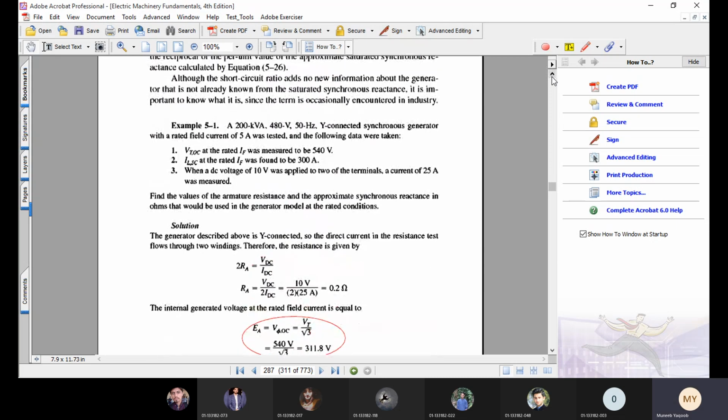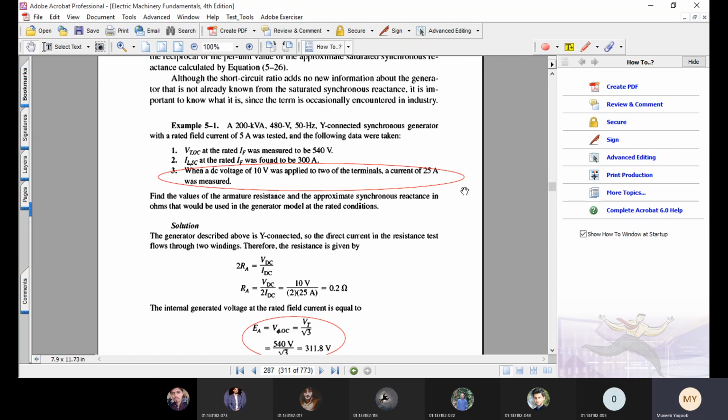The third point is that when a DC voltage of 10 volts was applied to two terminals of the generator, a current of 25 ampere was measured. Actually, this is a DC test to find out the armature resistance.